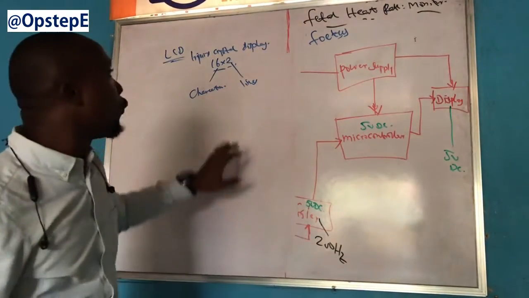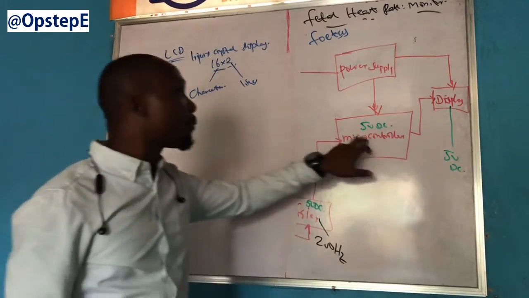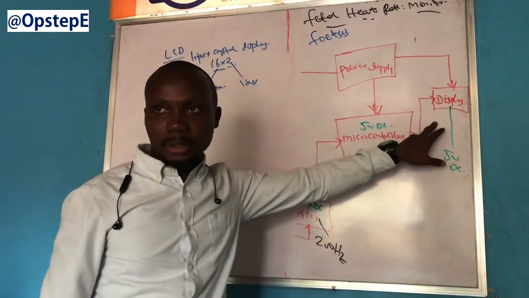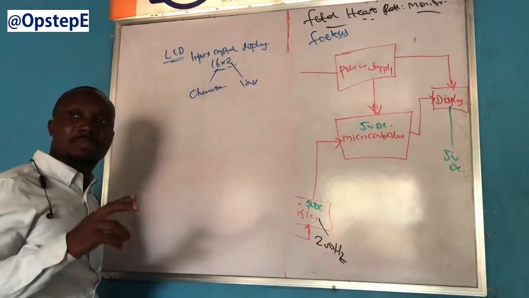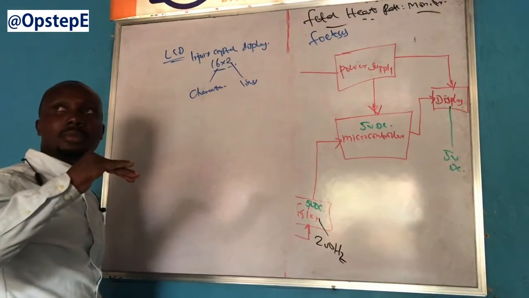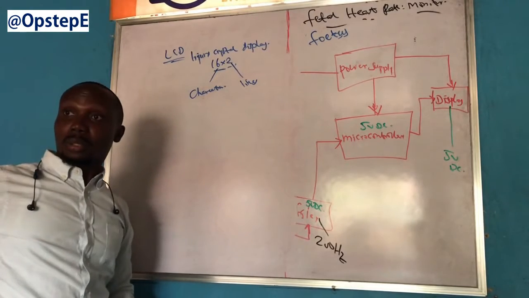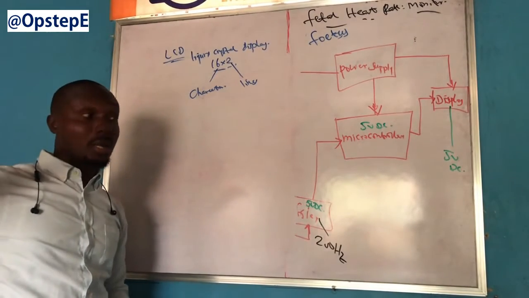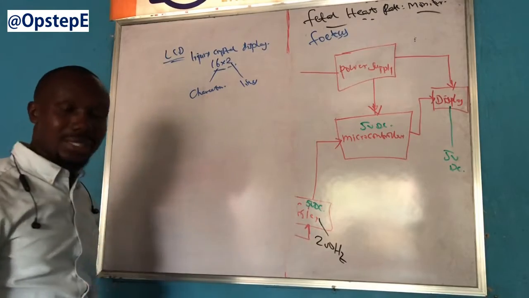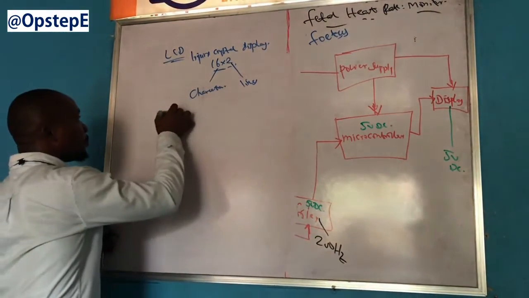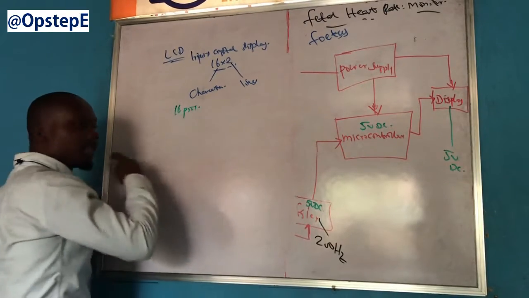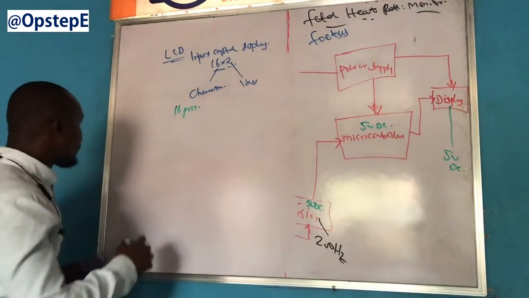Now, for the microcontroller to connect to the display, first of all you should know that the LCD display has 16 wires or 16 pins. So let me give you those pin assignments.